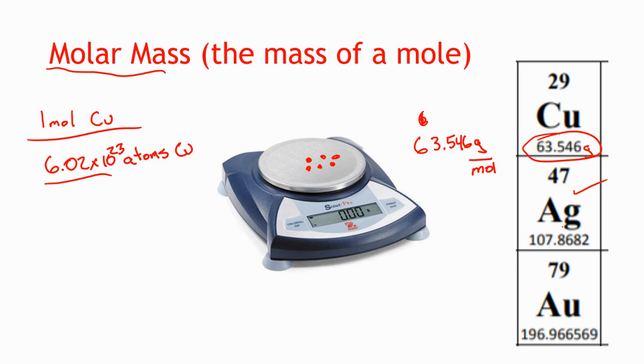I would need to weigh out 107.8682 grams. And if I weighed out 107.8682 grams of silver, I would have 1 mole of silver. I would have 6.02 times 10 to the 23rd atoms of silver.